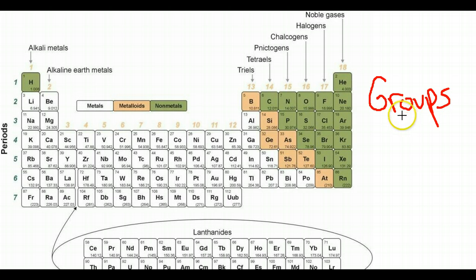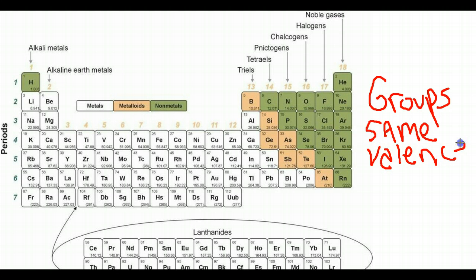And the reason for that is because all the atoms, the elements that are in that same column or in the same group, will have the same number of valence electrons.